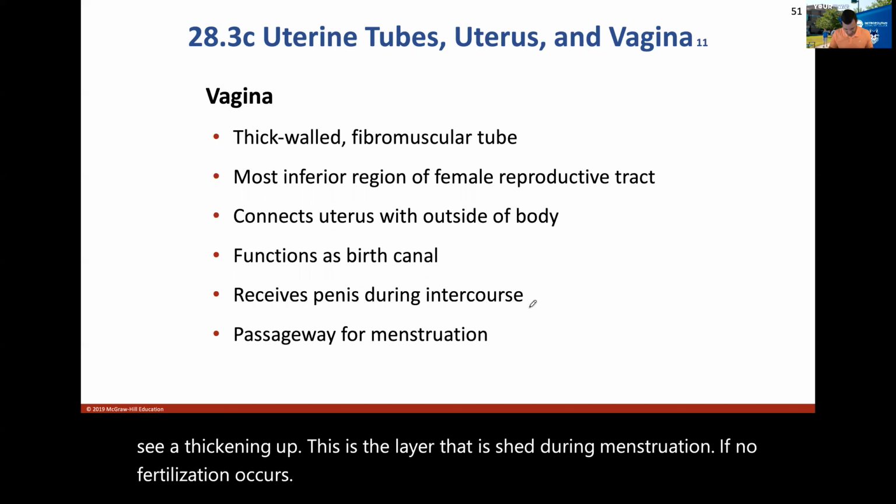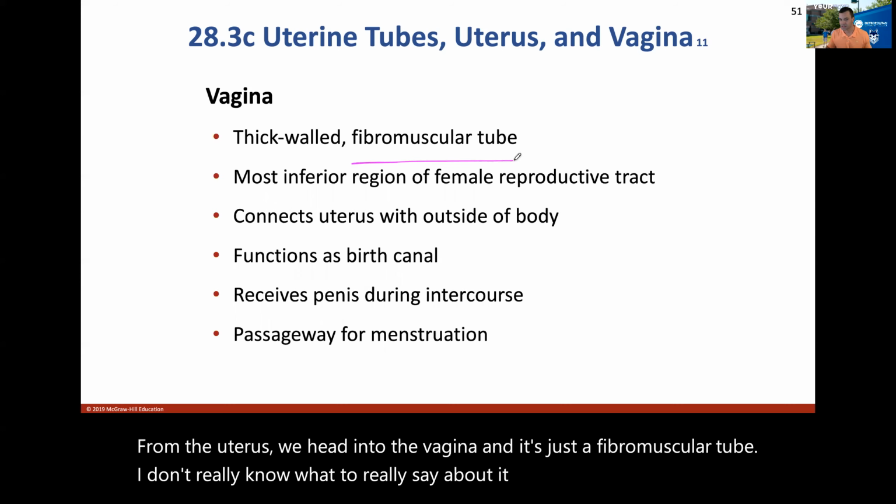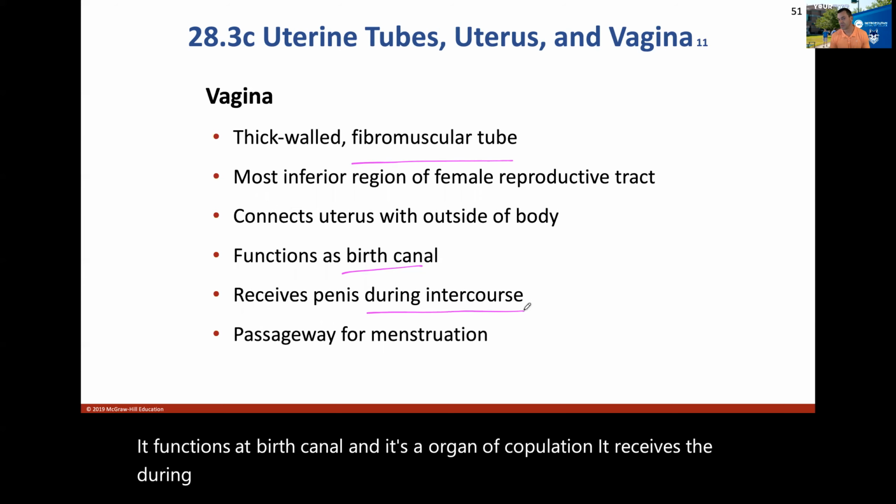From the uterus, we head into the vagina, and it's just a fibromuscular tube. I don't really know what else to say about it. It functions as a birth canal. It's an organ of copulation. It receives the penis during intercourse, and is a passage for menstruation.